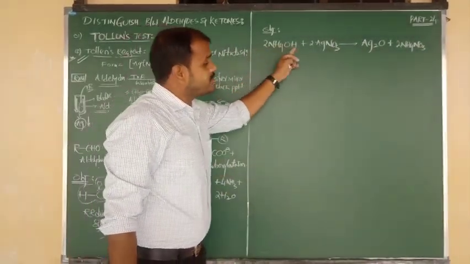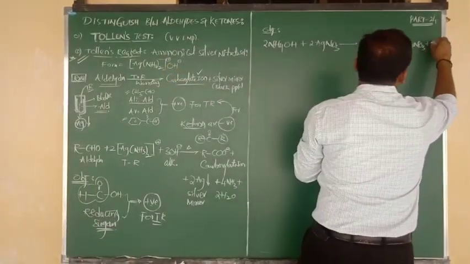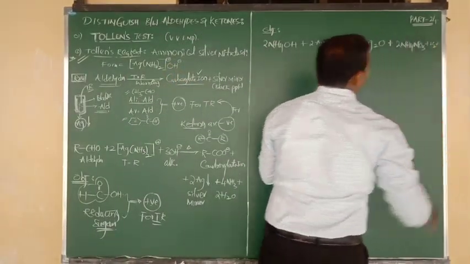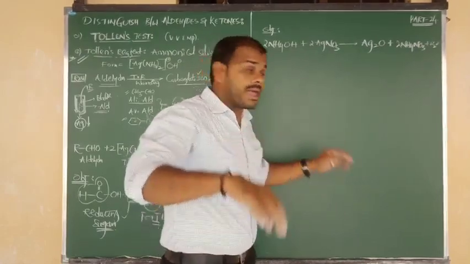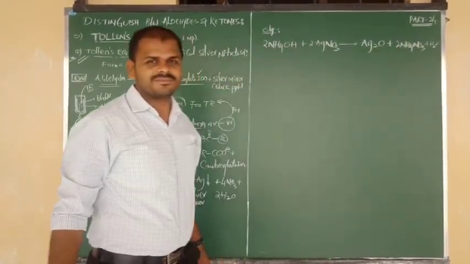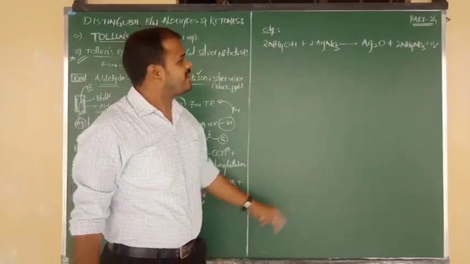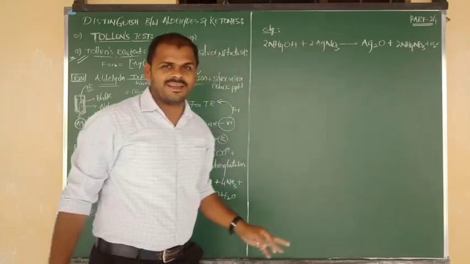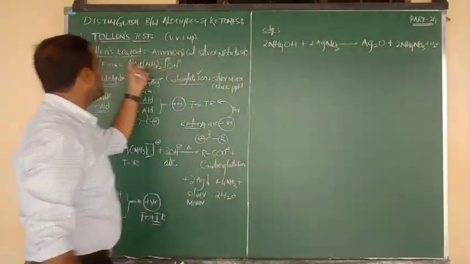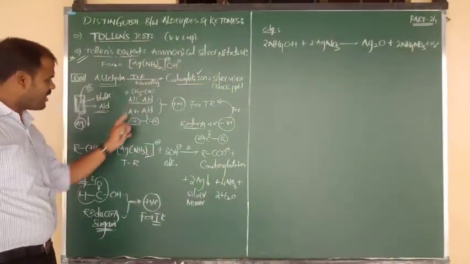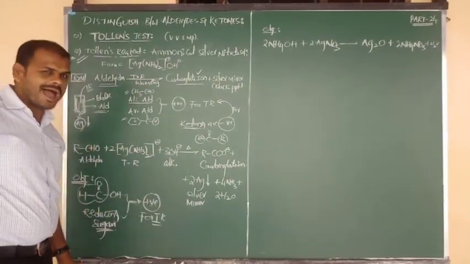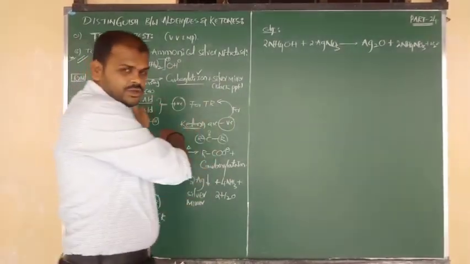And here 2 hydrogen atoms are there. Such 2 hydrogens are removed in the form of H2O. Again, such ammonium nitrate reacts with silver oxide and changes into this final form. This one only we have taken in the chemical reaction. I hope you understand. Okay, this is the theory point of view, leave it now.